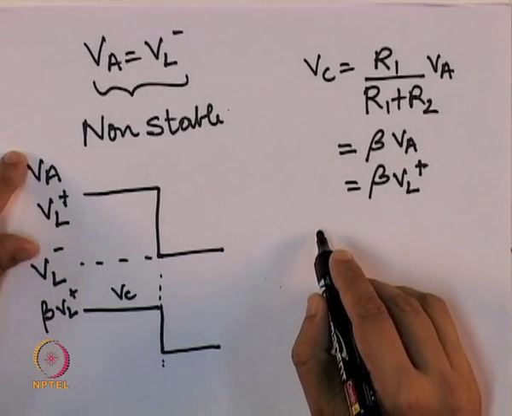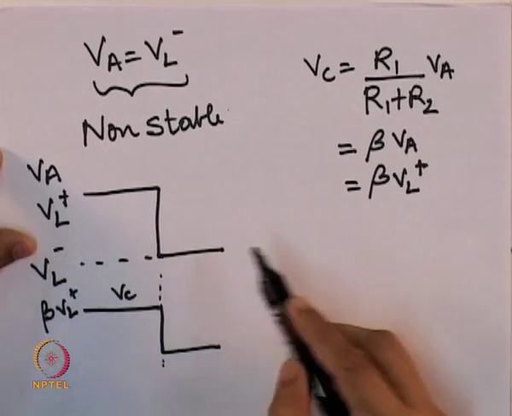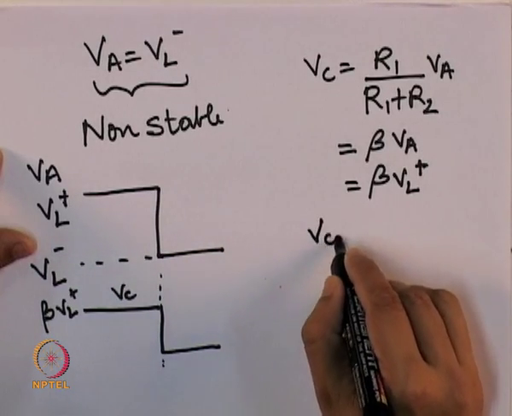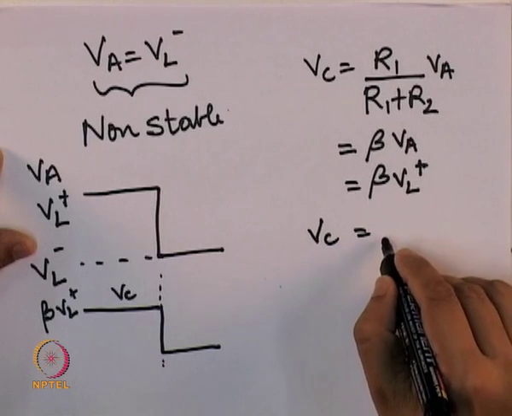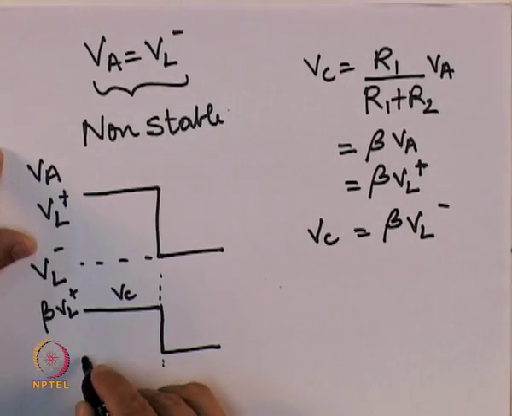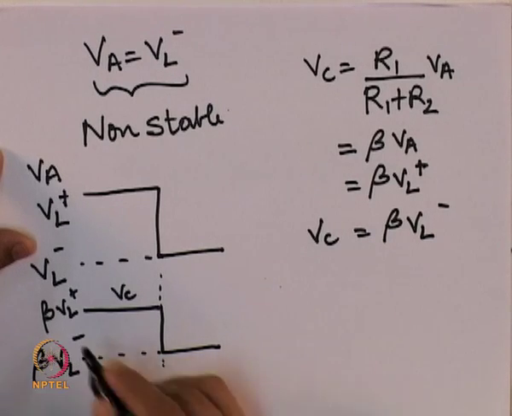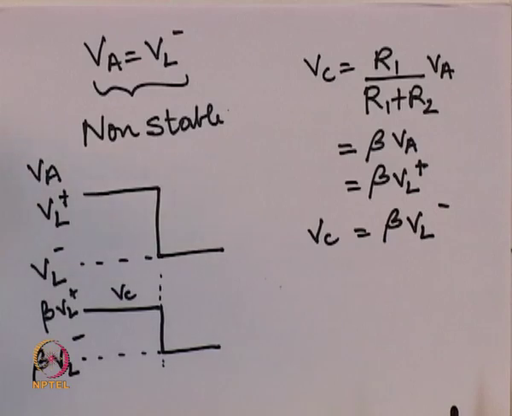So after the transition of VA from VL plus to VL minus, VC now becomes equal to beta VL minus. So this voltage is beta VL minus.